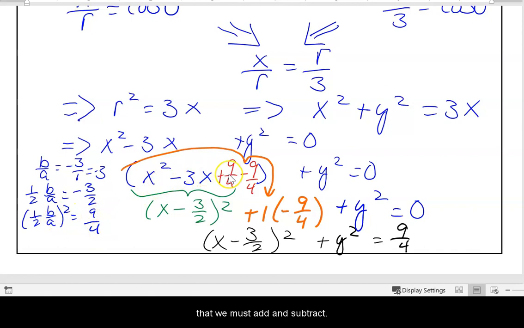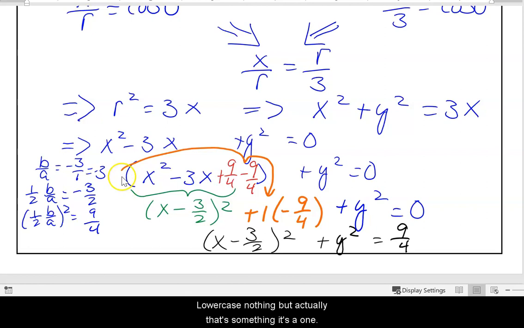This is the number that we must add and subtract, in other words, add 0, so that the first three terms with the positive 9 over 4 become the binomial squared. However, the minus 9 over 4 is still there and must be taken into account. We balance it out by multiplying it by whatever the coefficient of the entire parentheses was.